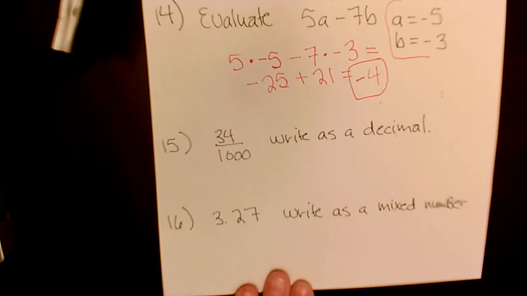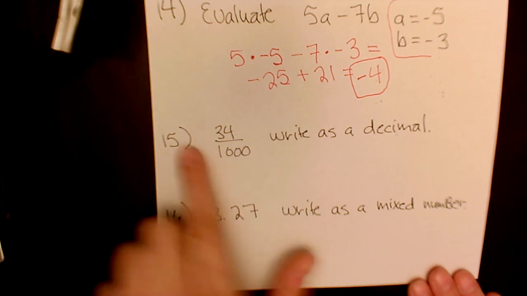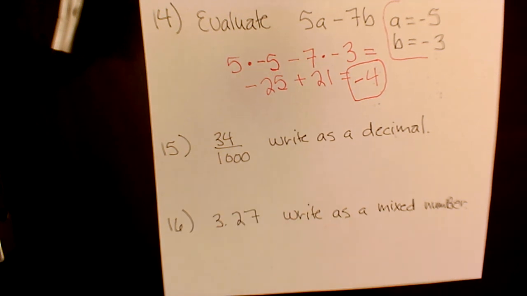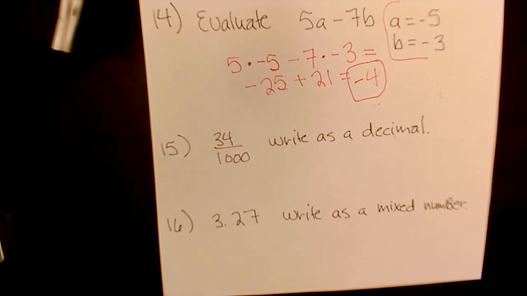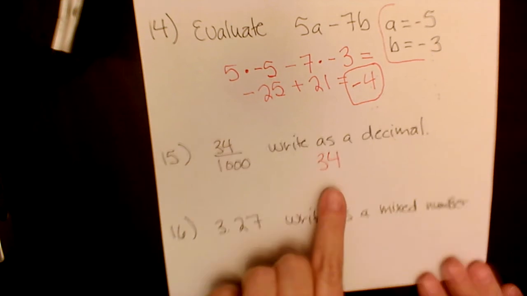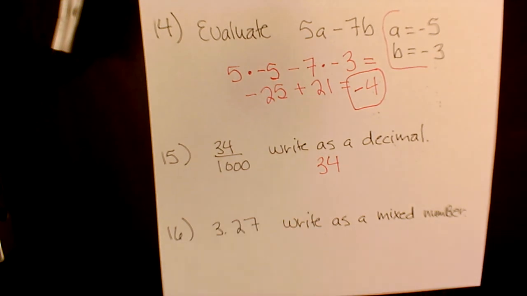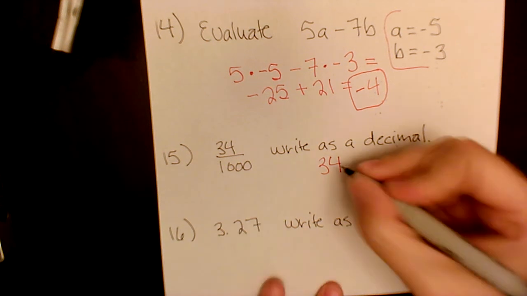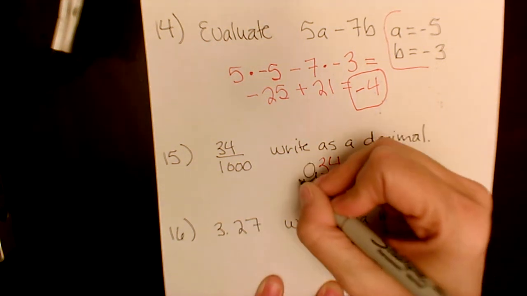Okay, now we're going to be getting into some decimals. So let me just finish up these two. So I want to write 34 over 1,000 as a decimal. So I've got 1, 2, 3 zeros. So I'm going to write my 34 down. My top number is 34. And since I have 3 zeros, I'm going to count over from the end of the 34 3 places. So I'm going to go 1, 2, 3. I have to add a 0.